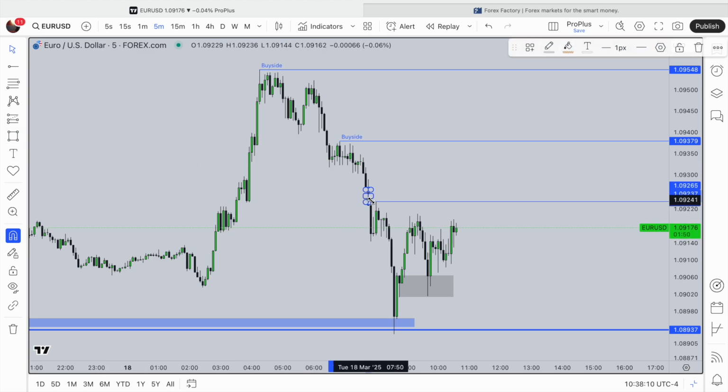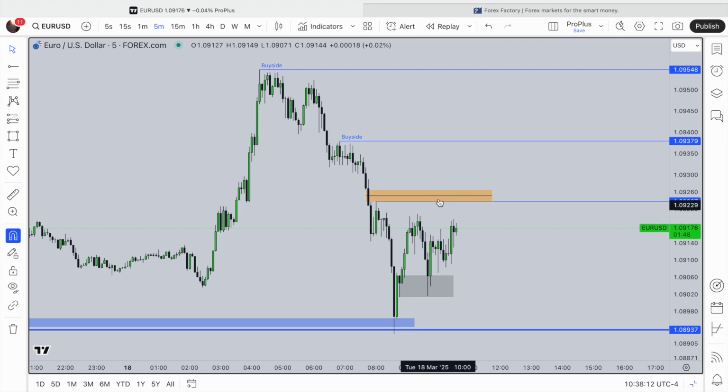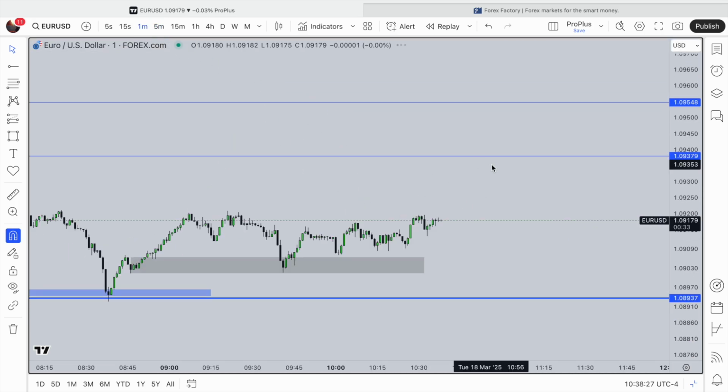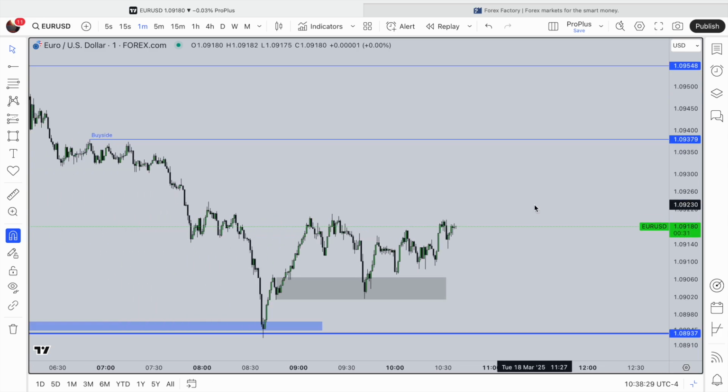Depending on how much it is, I might just take more partials, or could just leave this position running for this buy side here, and once it takes this buy side, just move stop to break even, and then I have nothing to worry about. This trade isn't going to be a home run anyway, which I'm not bothered about. I'd rather let the trades that are going to be home runs run, but I just have to accept that this one's definitely not going to be a good trade.